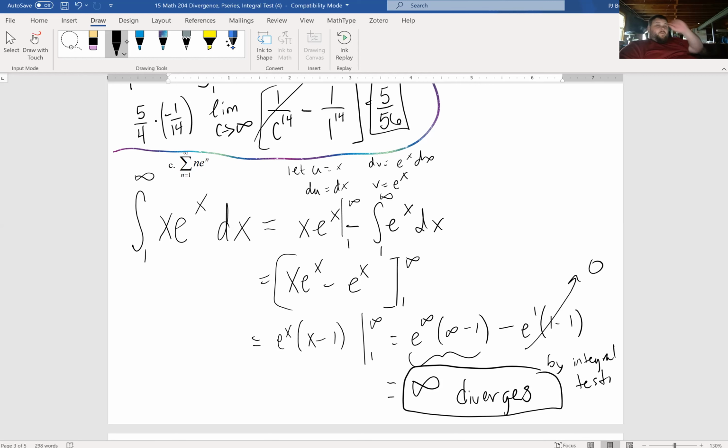All right, so that's one example of each type. And of all the things we've done so far, this should probably be the most familiar, because we finally get to use some of the calculus we've been learning along the way. So any questions about the integral test before I move on?